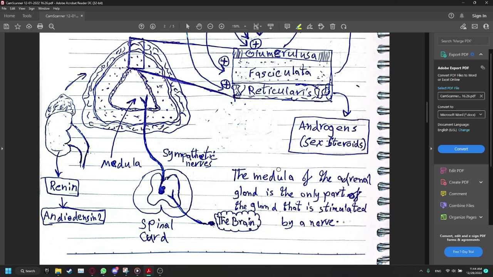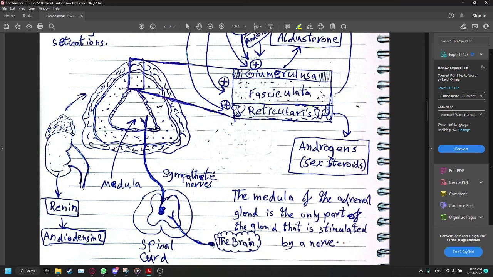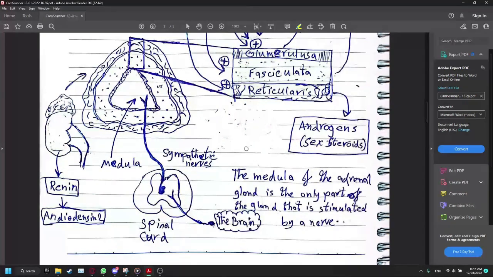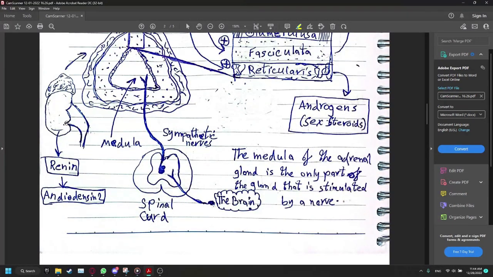So you would ask me, hey, where did the angiotensin 2 come from? Well, the kidney doesn't only have one function here. Its main function is to filter the blood, but it can also produce renin, which is another function.